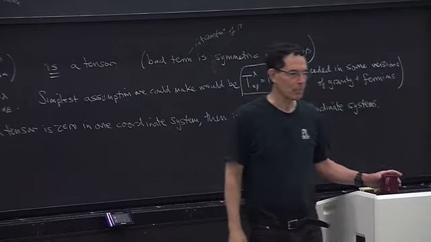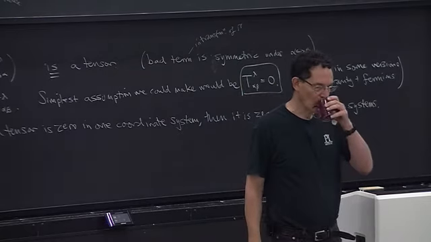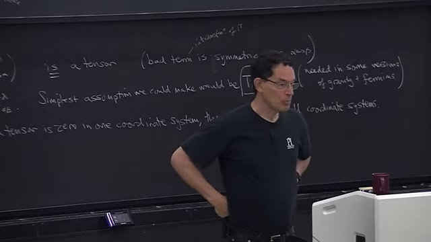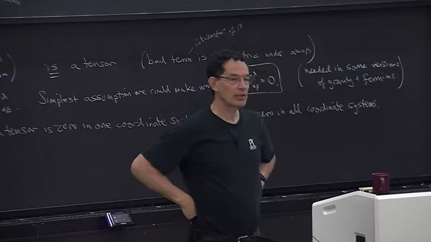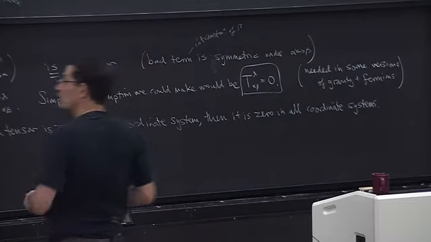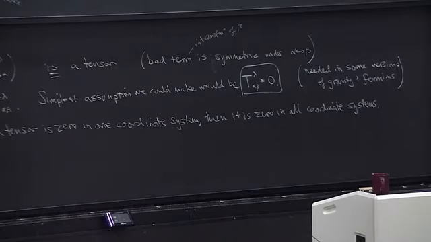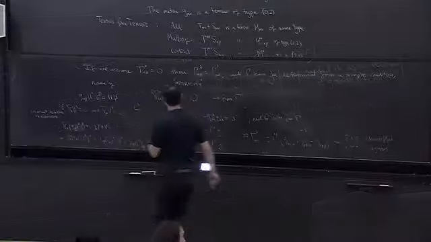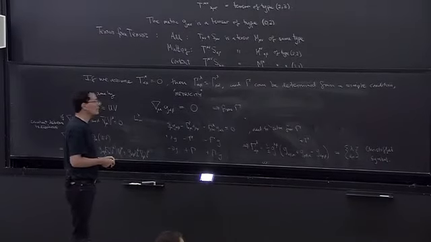If you happen to get lucky, for example, find a coordinate system where gamma is 0, doesn't that imply the torsion has to be 0? Because of the transformation law for gamma. That's a good point. Well, let's see. So there's a bit of a contradiction here, isn't there? Wait a second.